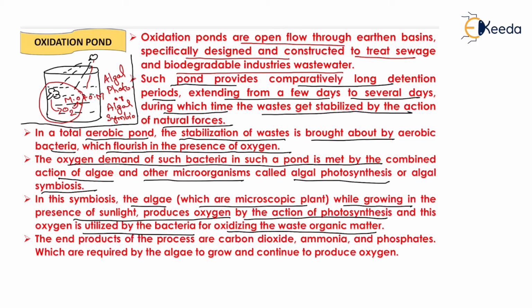Clear? Now the end products of these processes are carbon dioxide, ammonia and phosphates, which are required by the algae to grow and continue to produce oxygen. That's why it is known as algal symbiosis. Clear?